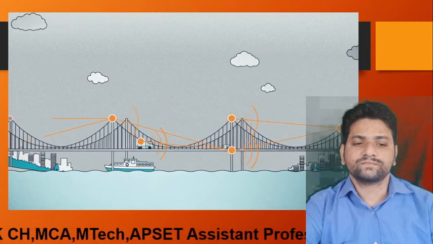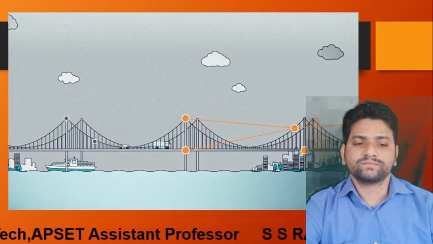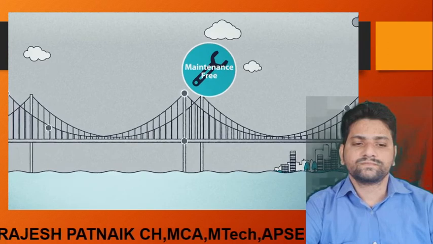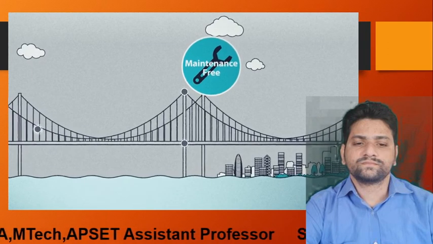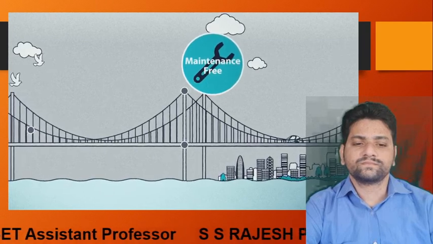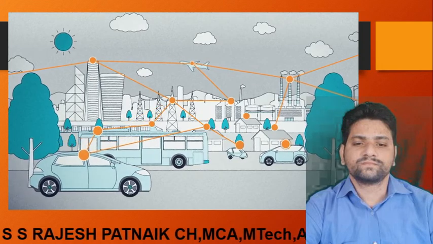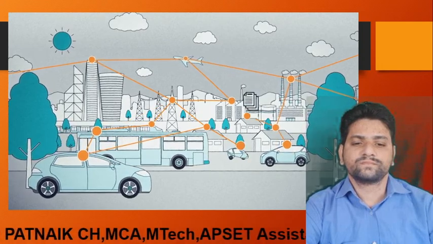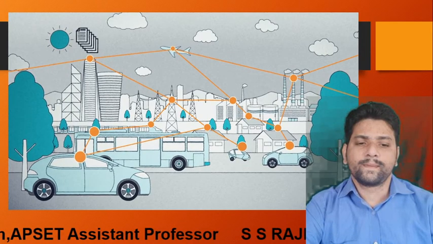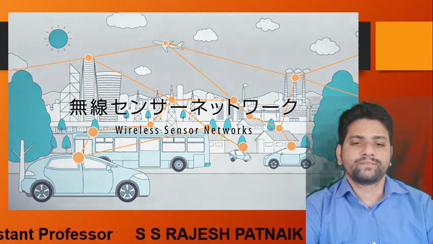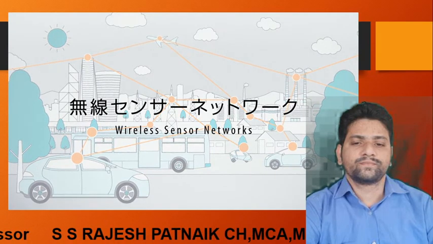Power and network cables are unnecessary. Even places requiring long-term observation for detecting structural deterioration can be monitored simply by attaching a sensor. This maintenance-free system reliably collects sensor data across a wide area. Toshiba's technology will maximize social safety by connecting the increasingly complex urban functions of the future with high-reliability networks. Technology that maximizes social safety. Wireless sensor networks.